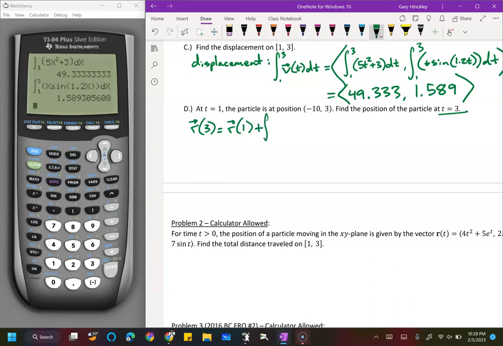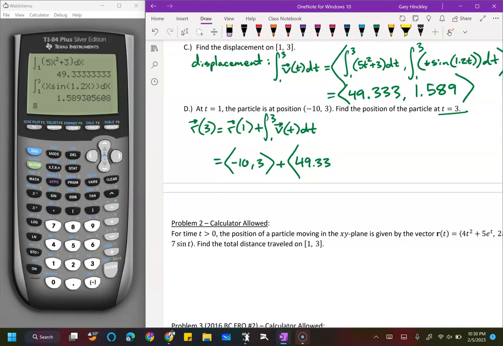So that'd be the integral from 1 to 3 of our velocity. So that is equal to r of 1 is the point -10, 3, and that is plus our displacement vector that we got, 49.333.